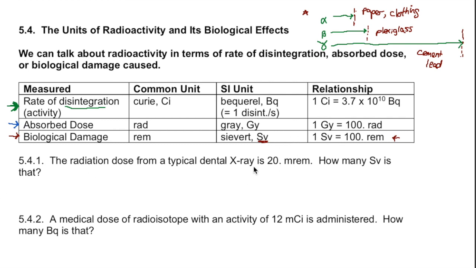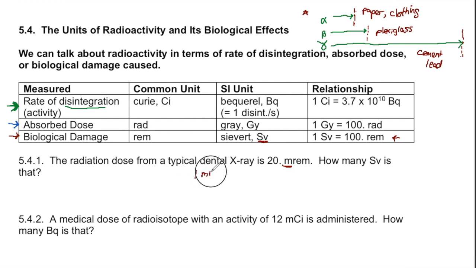Also, I do want to emphasize that we should not forget what these metric prefixes are. I know that we had those in a quiz a little while back, but we do want to keep those in mind. So rem and millirem have a relationship based on the metric system. Let's go ahead and write that relationship.